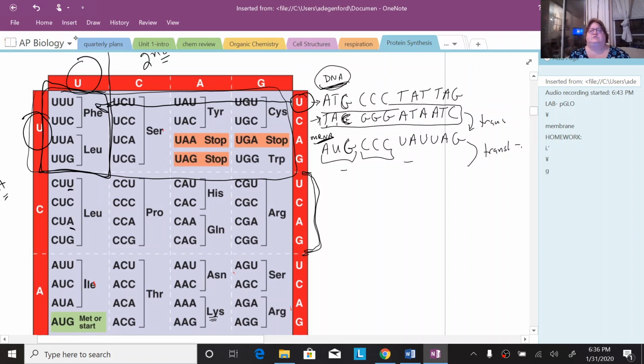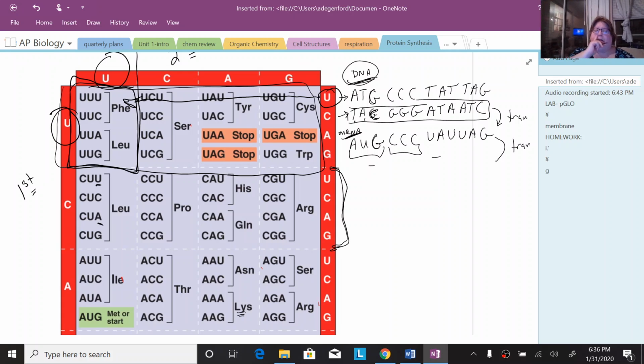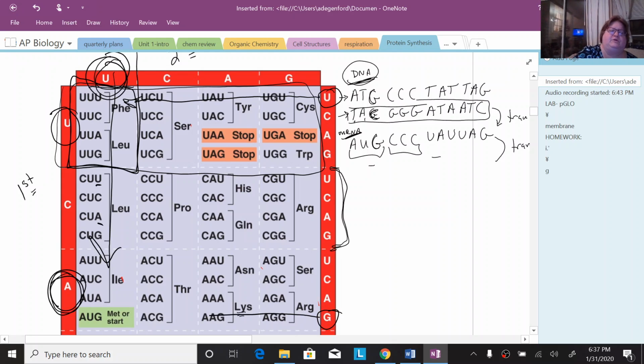So let's practice AUG. We're going to start with A, there's our first letter. U, second letter, so we go down for that. And then G is our third letter. Go over, and that's our start codon, start methionine.